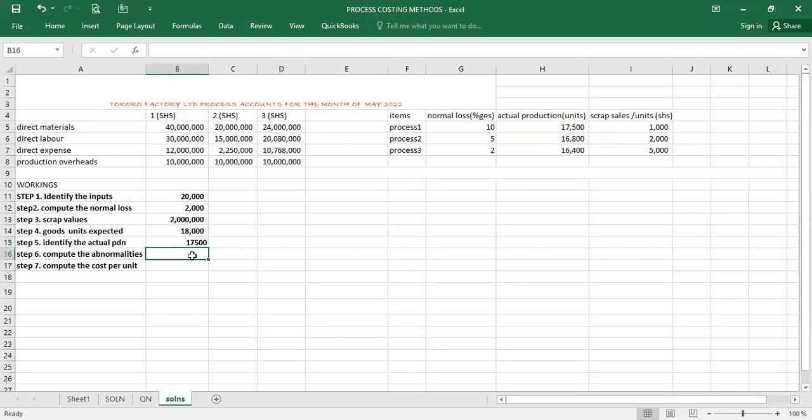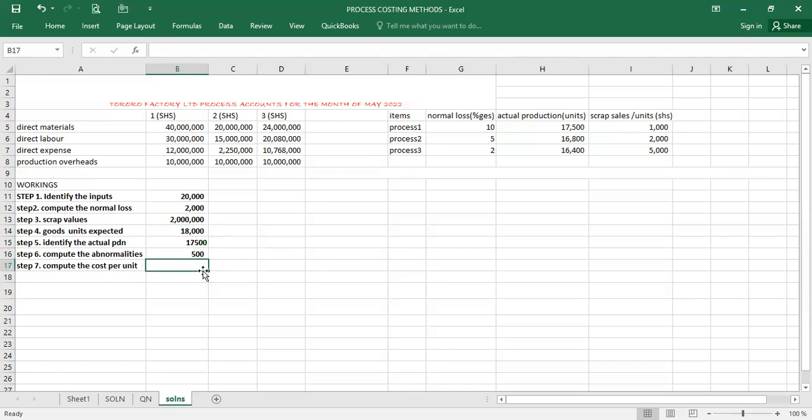So we get our abnormalities, and we are saying we are getting the actual production, we less it from the good units expected. We expected to produce 18,000, but we produced only 17,500. It means we have an abnormal loss.